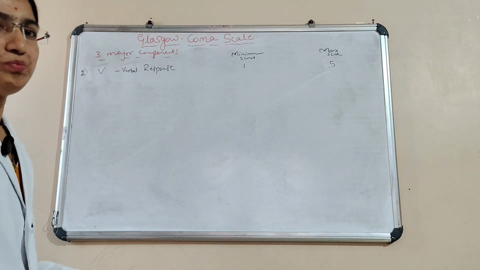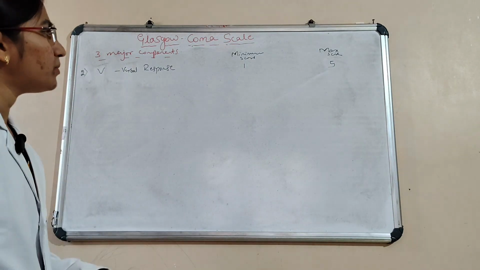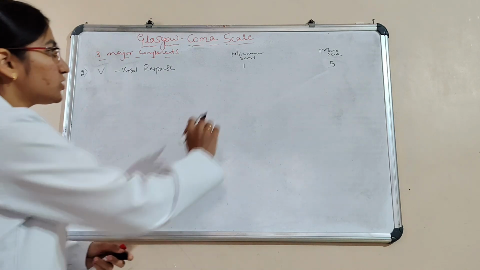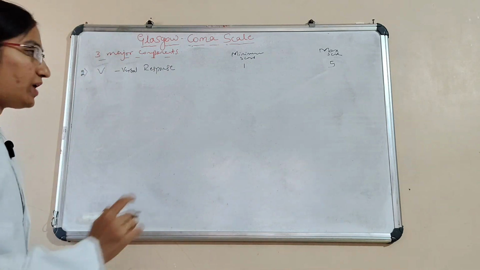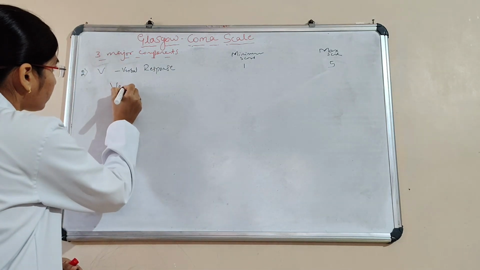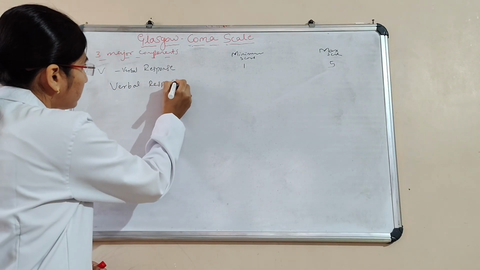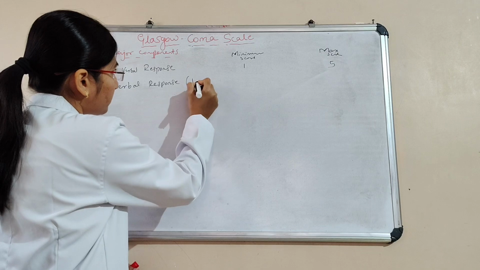Here next we'll see the second one, that is the verbal response. For the verbal response, the minimum score is 1, maximum score is 5. The verbal response is related to speech.